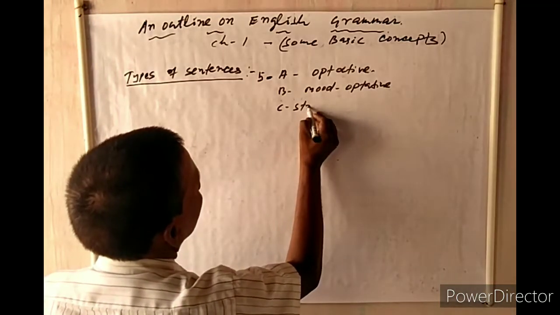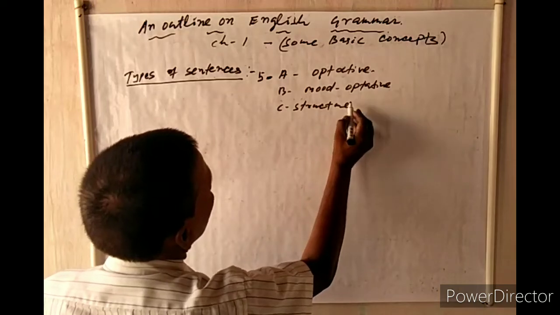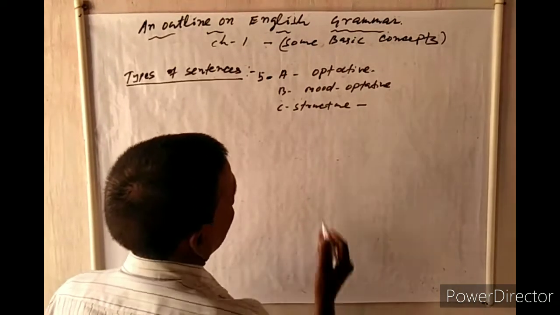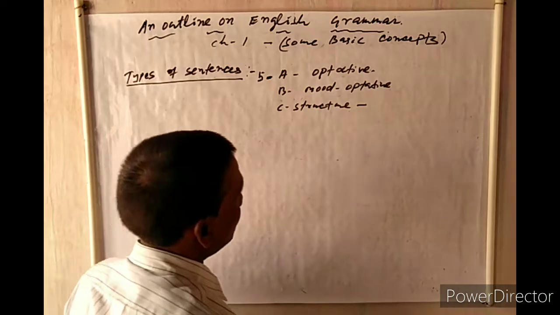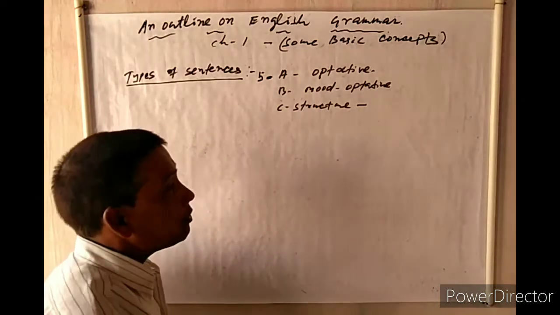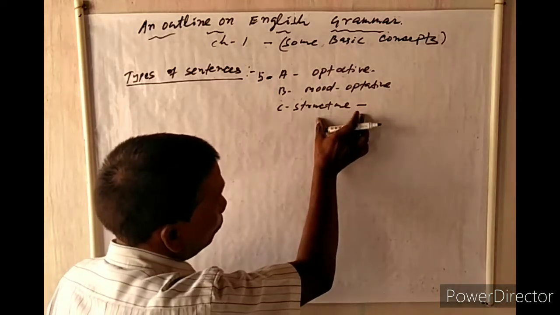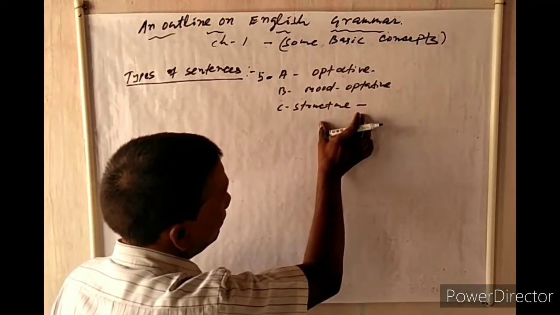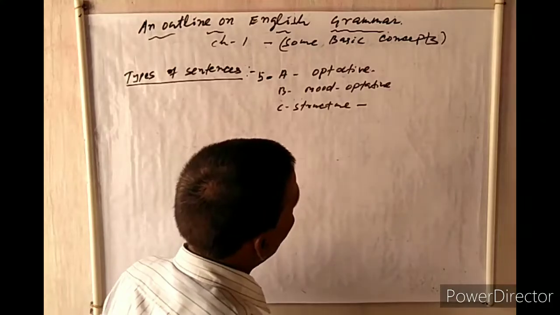Structure. What is the structure to make the optative sentence? "If the fan were moving, if the train were coming," as we have written as example.